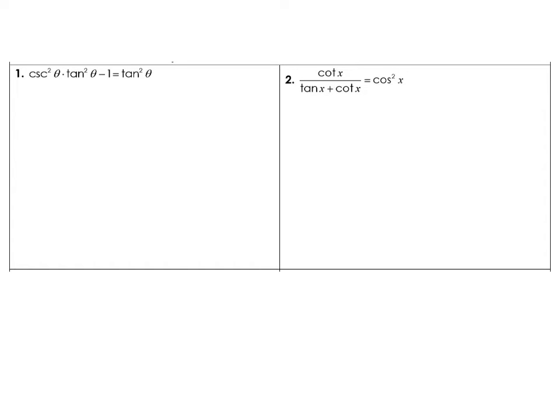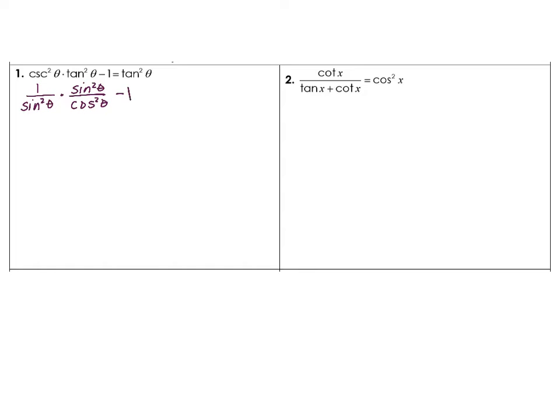So here it looks like we're going to have to change some of that back over to sine and cosine. And I'm going to change cosecant. I know that's going to be 1 over sine squared theta times, and tangent squared is going to be sine squared theta over cosine squared theta.